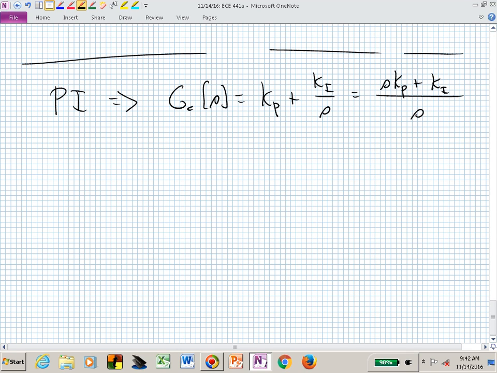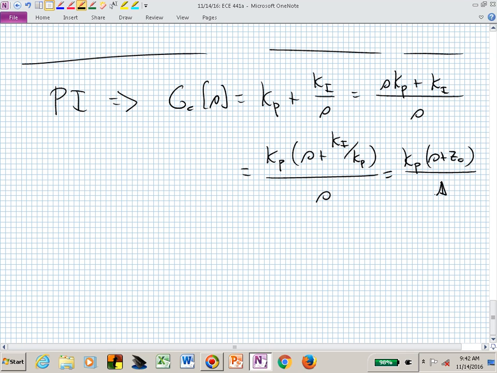If you factored this out, you would now have K sub P times S plus K sub I over K sub P, over S, so that now you have a pole right at the origin, so P sub C is 0, and you have a 0, Z sub C, that's defined by K sub I over K sub P, and you have the adjustable gain K sub P.